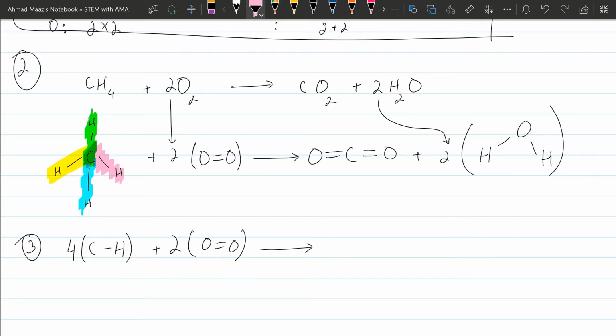And now here is a little complication again. We have a carbon double bond oxygen and we have another carbon double bond oxygen. So we have 2 carbon double bond oxygen bonds. Now this is crucial. You need to understand that one water molecule consists of 2 OH bonds.